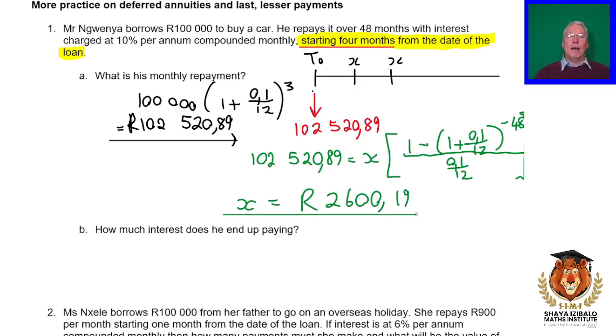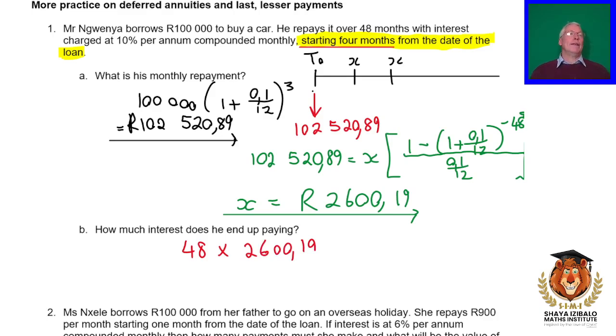The question now is, how much interest does he pay? Well, that's really easy to work out, because the amount of money he's paid is 48 lots of 2,600 rand. And let's see what that comes to.